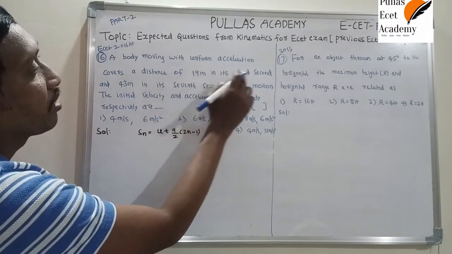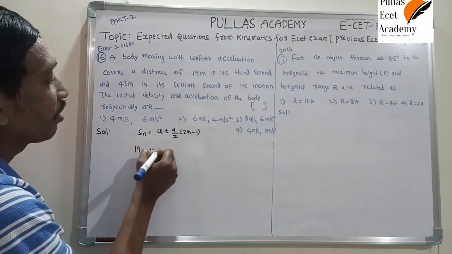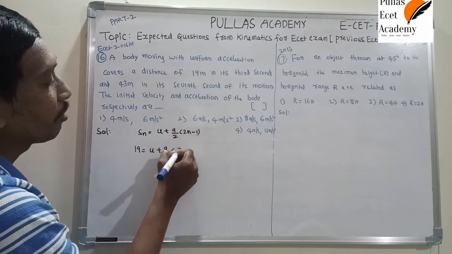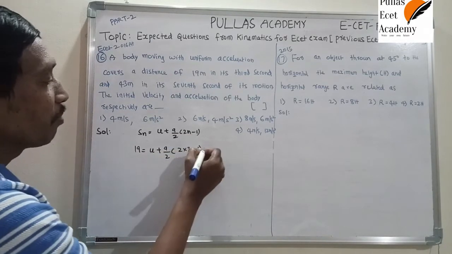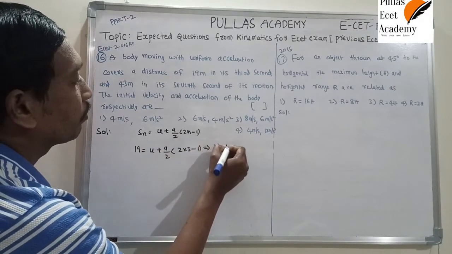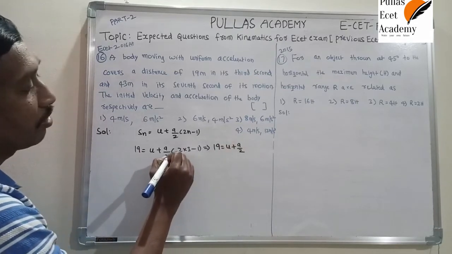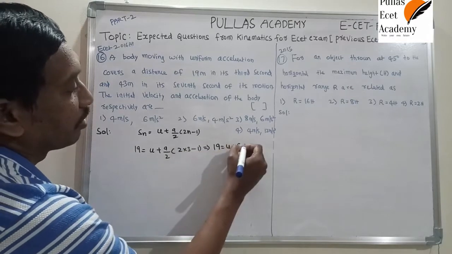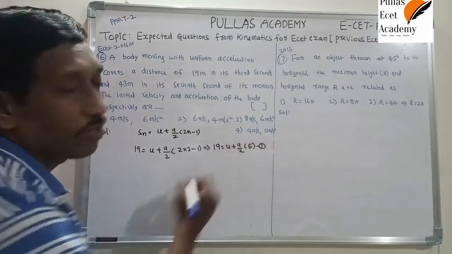Here 19 meters in the third second, u is not given, acceleration is not given. Substitute n equal to 3 and you get one expression: 19 is equal to u plus a by 2 into (6 minus 1), that is 5. This is expression 1.